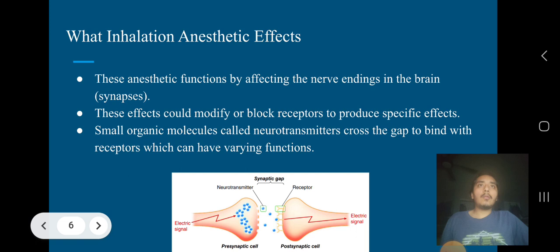Neurotransmitters are small organic molecules that have varying roles and uses. The binding of these molecules to a receptor will trigger different processes depending on the signal, such as blocking or opening up a channel that releases certain hormones, or it could simply continue to relay a message.